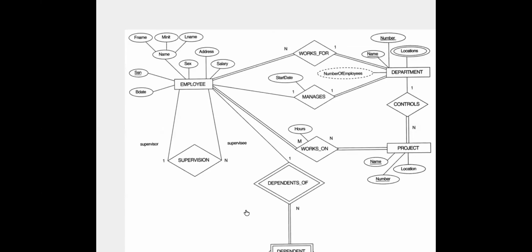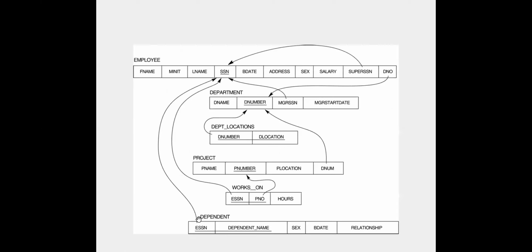Now, here we have dependent. This is a weak entity type. So we create a relation. We include normal attributes: dependent name, sex, date of birth, relationship. Everything is included. But to make a primary key, you have to get an attribute from here. So social security number, you put it here. Combining these two, we can identify the key attribute.